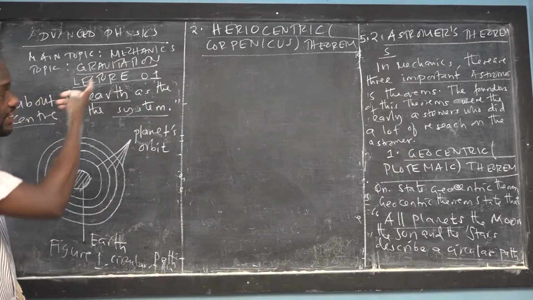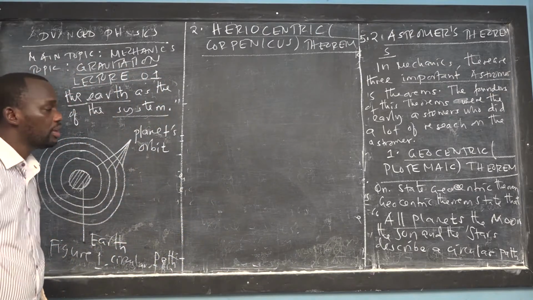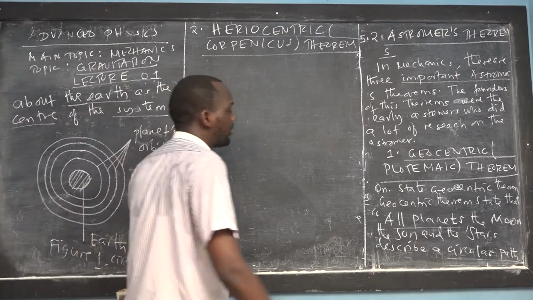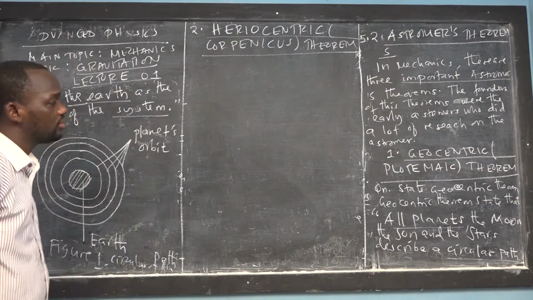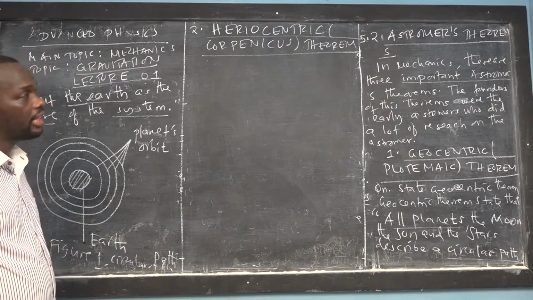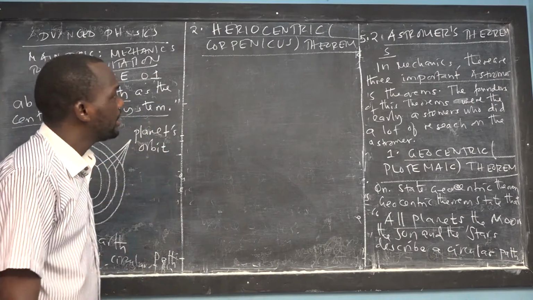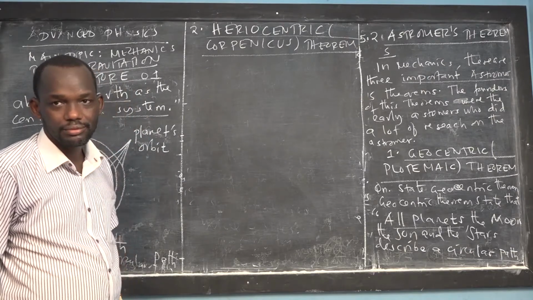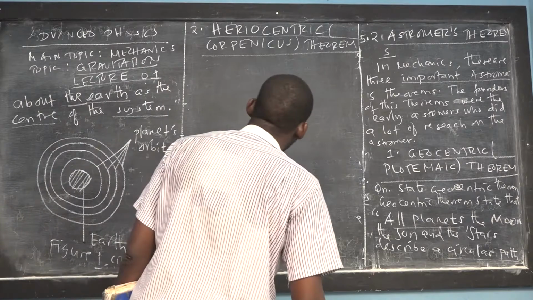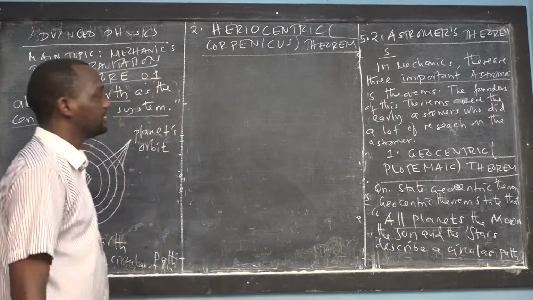Say with me: heliocentric or Copernicus theorem. Remember that this gives us a term known as geocentrism, and this will give us a term known as heliocentrism. The theorem is called the heliocentric or Copernicus theorem.